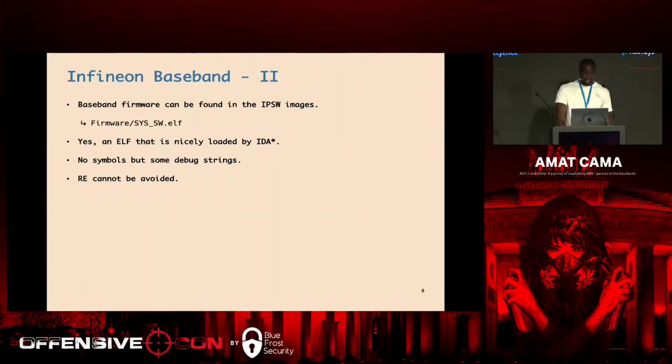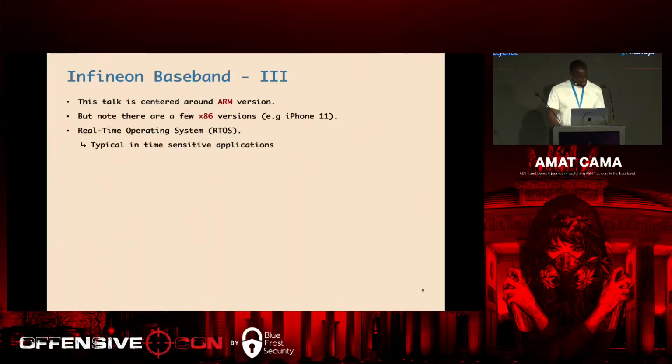It doesn't have any symbols, but it does have some debug strings, so we're going to try to work with that. And basically, you can't avoid reversing it because you're not going to find leaked source code or stuff like that. So you just have to reverse it.